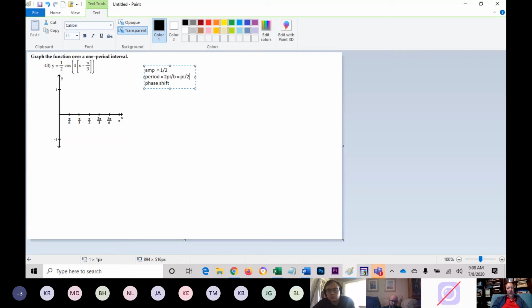Now, what's your phase shift? What's the formula for the phase shift? That's a good question. I have to look at my notes really quick. Just remember, you can't use your notes on the quiz or on the test tomorrow. I'm pretty good with most everything except that formula so far. Yeah, that was the new one.